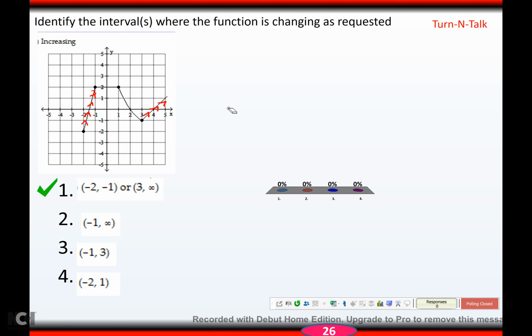See that filled in circle? That means it's not continuing, whereas this one's not, so it does continue. So actually my increasing interval is only from here to here. So that's your negative 2 to 1, union. They put the or, but this one would start at 3 and go to infinity.